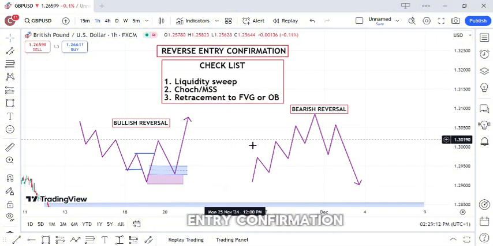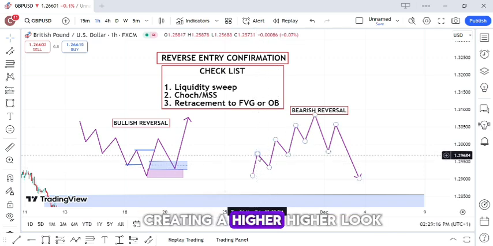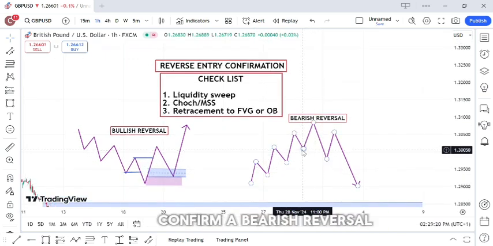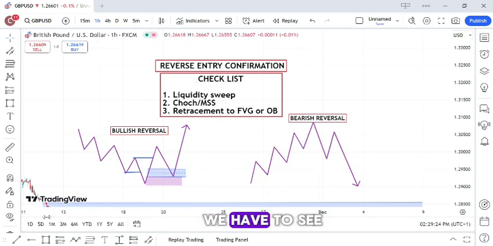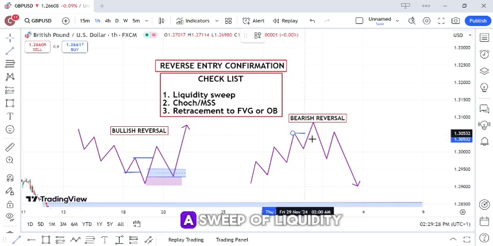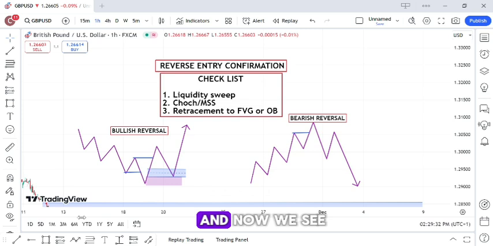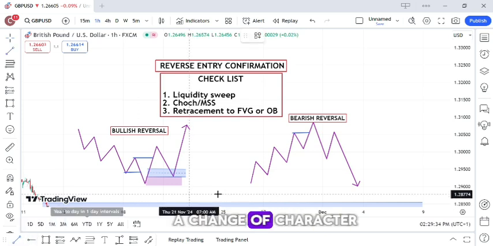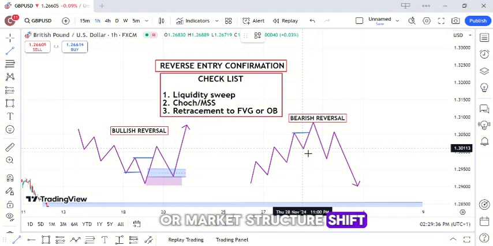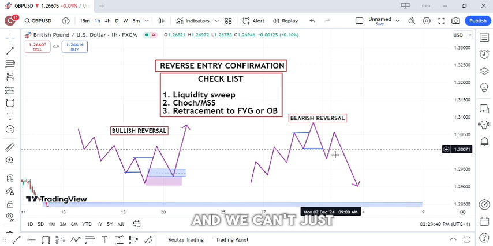Now on the bearish entry confirmation, we want to see the market in an uptrend, creating a higher low. And for us to confirm a bearish reversal, we have to see also a sweep of liquidity. That's price taking out the previous high, and now we see a change of character or market structure shift to the downside, and we can't just enter there.